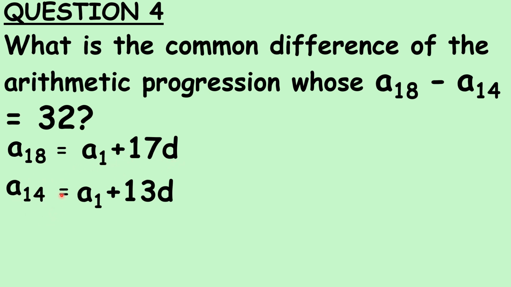And we also expressed that A14, that is the 14th term, equals A1 plus 13d. Now let's subtract A14 from A18. That is, this equation should subtract this equation. So let's look at the left-hand side. On the left-hand side, we'll have A18 minus A14.